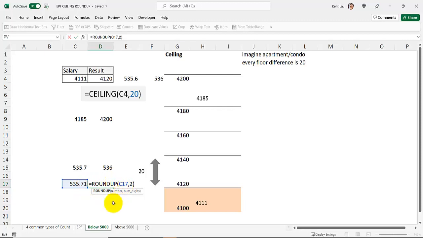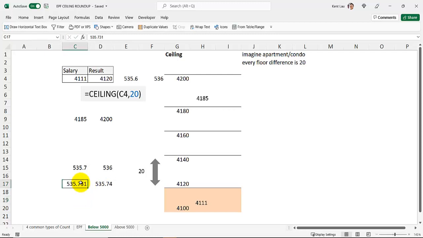It rounds up to 535.72. If I go for 1 decimal point, 535.71 will always go to 535.8. Whether it is .71 or .73, it doesn't matter. It always goes up by 1 decimal point. If it's 2 decimal points, then you have to look at the third decimal point.